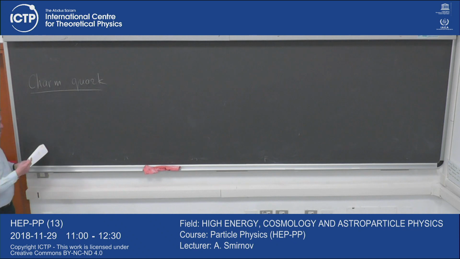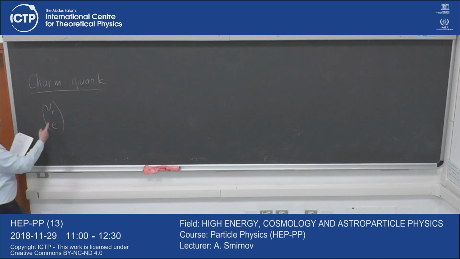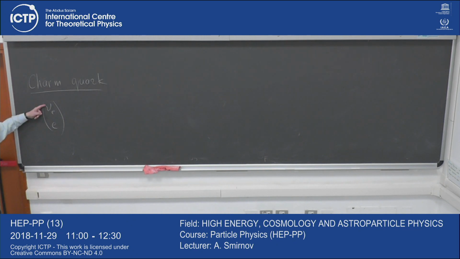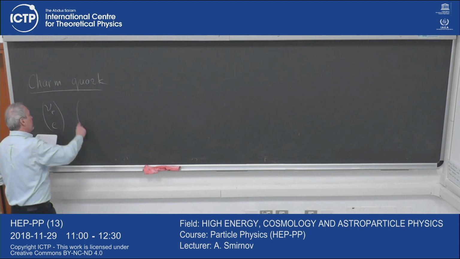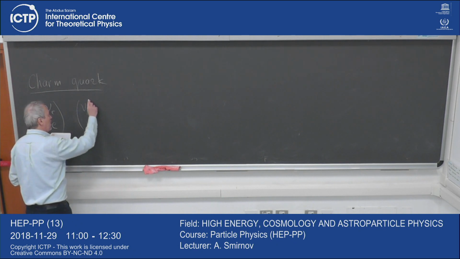So what we have studied till now can be described by the following doublets of fermions, nu_e and e, and this doublet means that you have a current where the electron neutrino is transformed to an electron and vice versa, for the time being. You will see then a deeper sense in this. We also have nu_mu and mu, right?